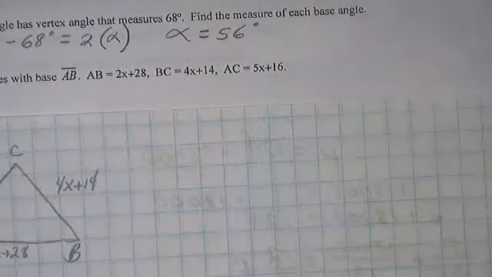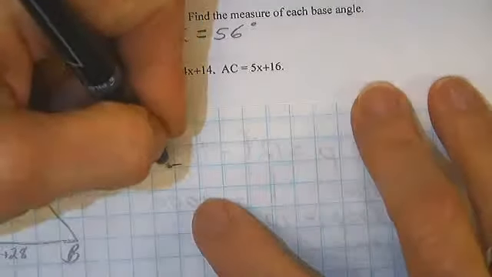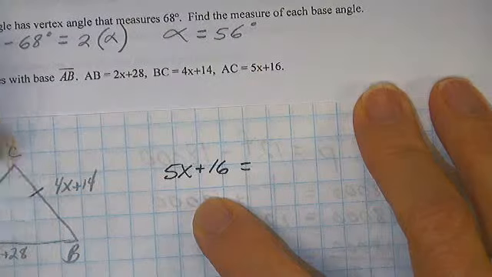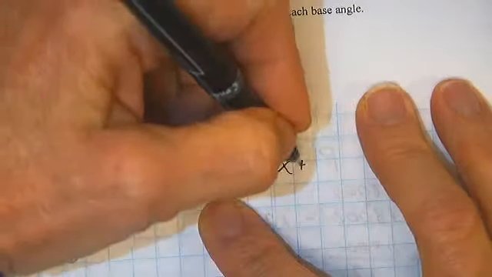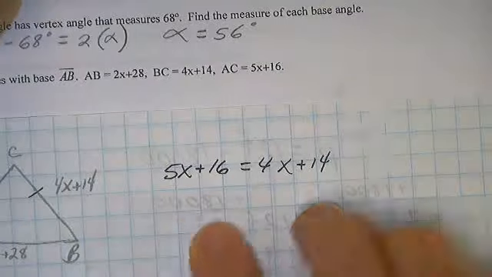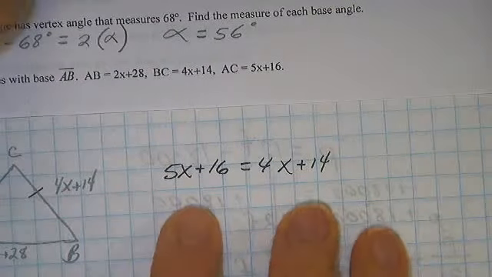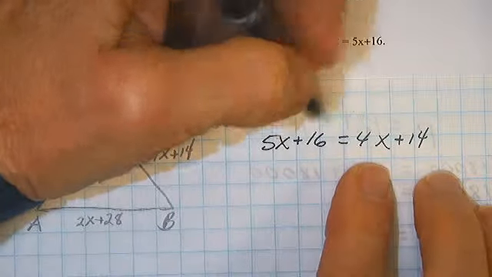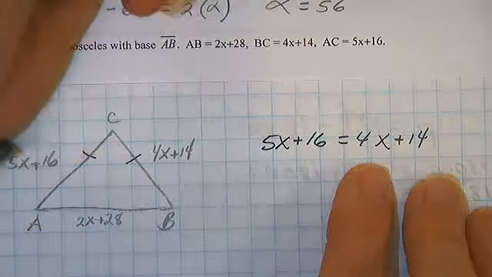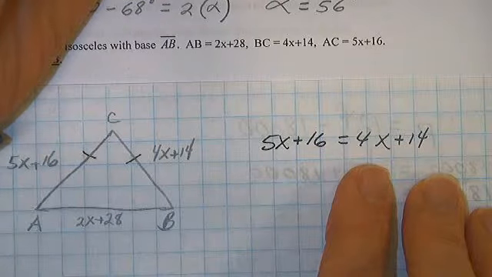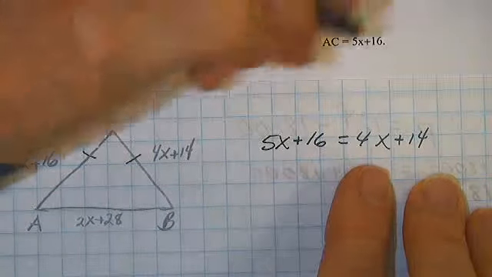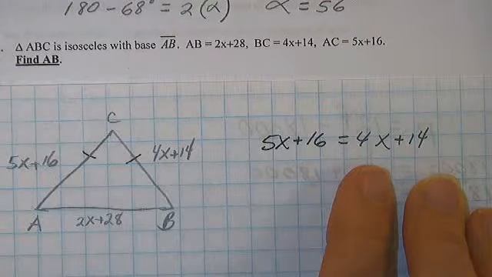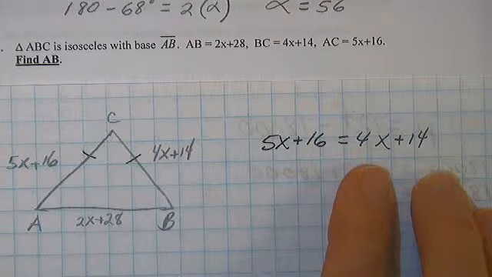It's an isosceles triangle. That means 5x plus 16 is equal to 4x plus 14. This is, of course, a question of side length. 5x minus 4x is x.